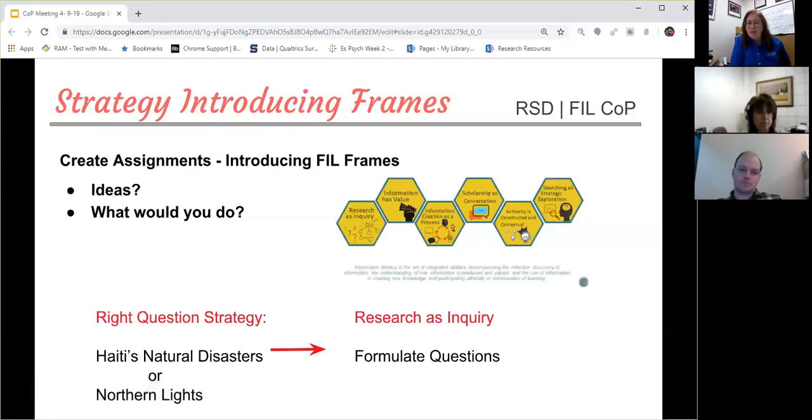So in this particular case, if I went back and took a look at the frames, I'm looking at research as inquiry, and I'm starting to have students generate their own questions. So I'm being intentional about the strategy I use and how I integrate the framework for information literacy into my teaching. So that's a strategy to consider as we move forward.